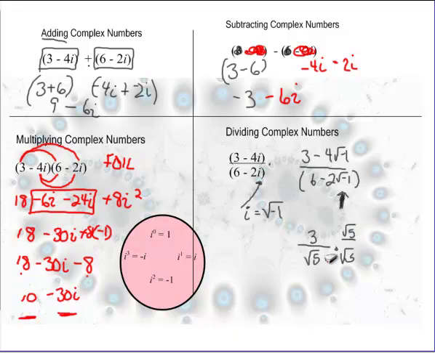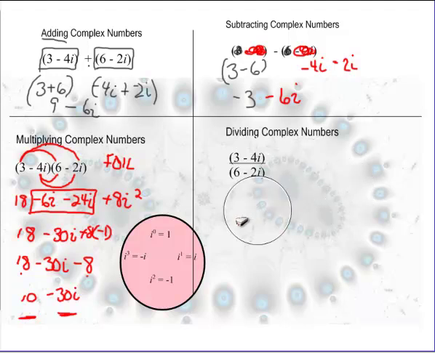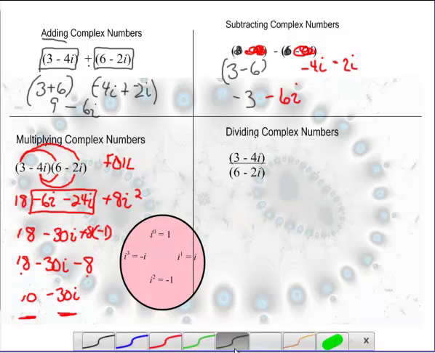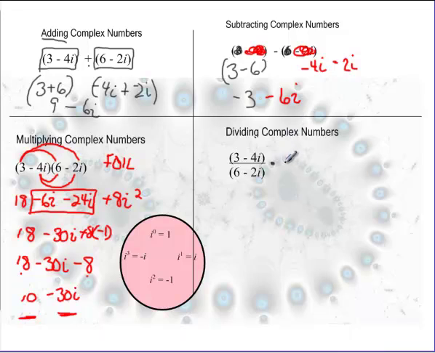Well, you have to rationalize this denominator also. And you have to go back and you have to use your conjugates. Yes, words that come back to haunt you. So, when we divide, we multiply by the conjugate, and that means to change only the middle term.